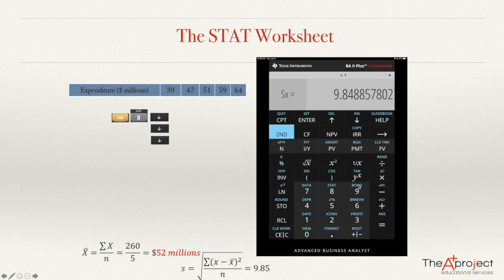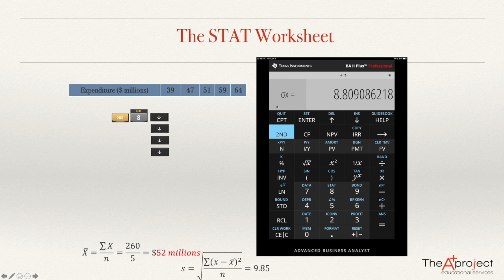If I continue scrolling down, I see the standard deviation again, but this number will be the answer if what we have here is a population. So we should know if we are working with a sample or with a population.